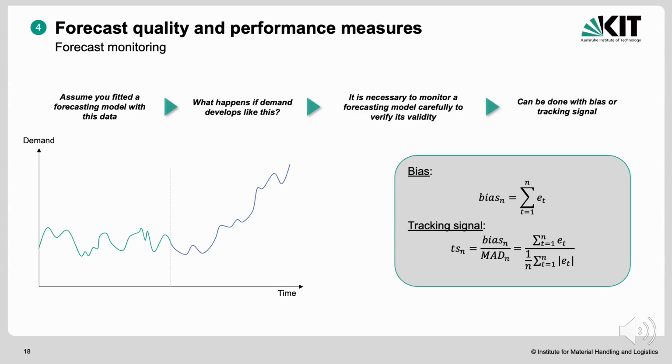And we can therefore create a tracking signal which takes the bias and divides it by the mean absolute deviation. So we take the bias, which can assume positive and negative values, and compare it to the average deviation. And then we see whether our tracking signal is suddenly diverging.